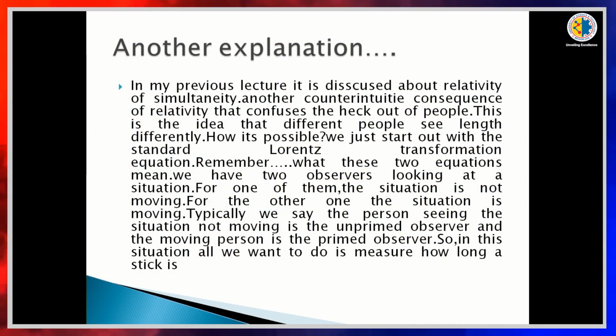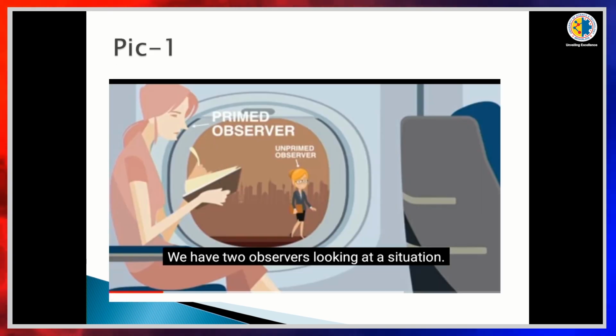And we see the two situations here, one a moving observer, another a rest observer. Now, in the case of a stick, this length contraction is also explained. So, this is picture 1: one is the moving observer and one is the rest observer.